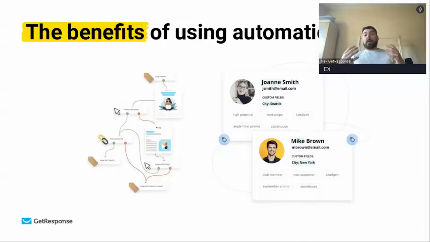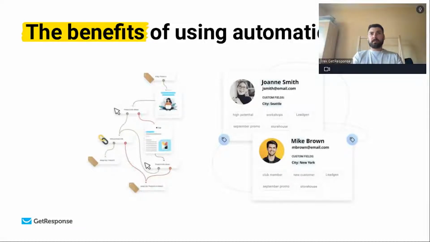So yeah, the most important thing is that if you use automation, email marketing becomes a two-way form of communication, because you can not only send information that you would like to share with your audience, but you can also learn a lot about the people on your list.